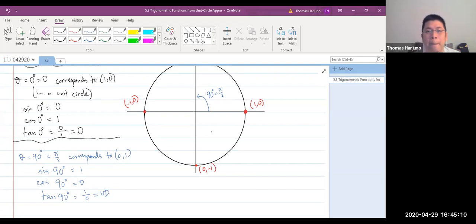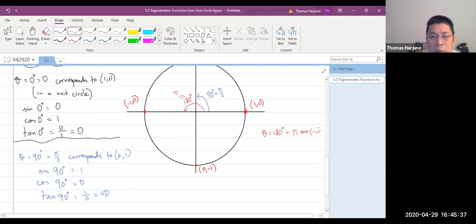Okay, now how about when theta equals 180 degrees, or in radian that's pi? Then the coordinate that corresponds to that is (-1, 0).